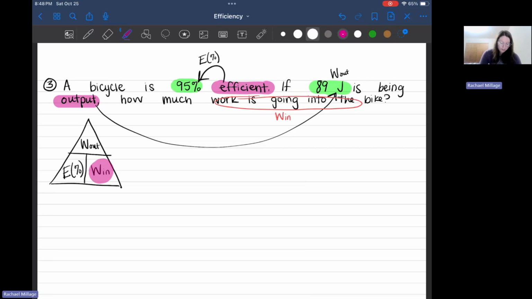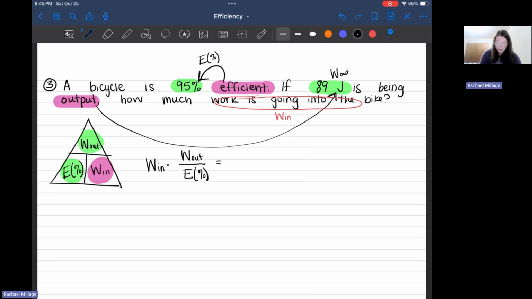So if I'm looking for my W in, I would cover that up with my finger. And that tells me that my work in is going to be my work out, and it's above, so it's divided by my efficiency as a percent. So now I can solve this. I can say that my work in is equal to my work out divided by my efficiency.